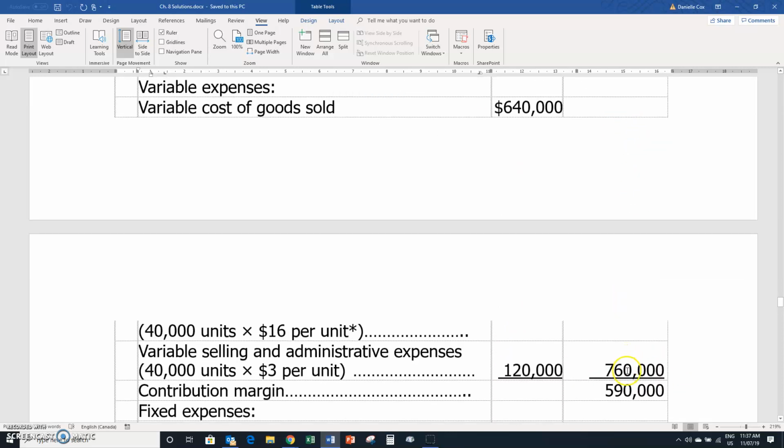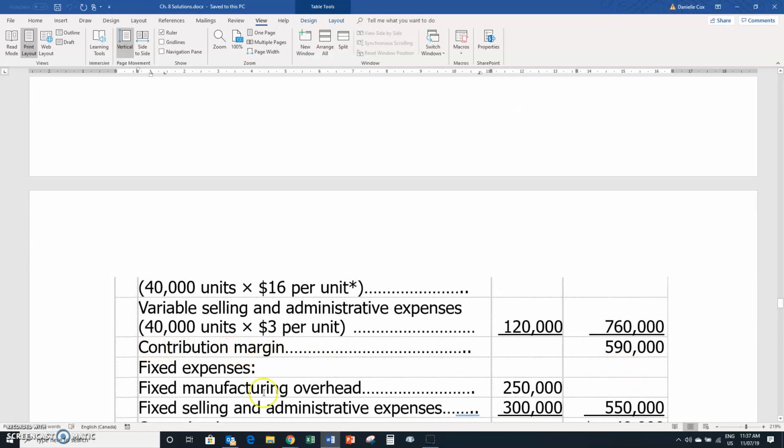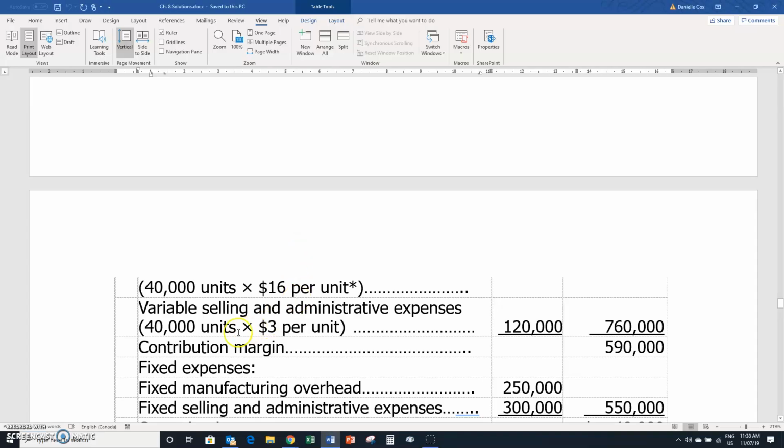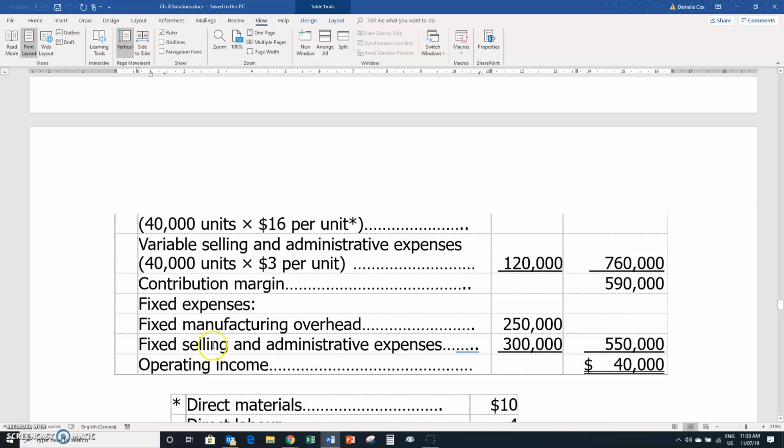Sales less variable expenses is contribution margin. And again, that's a little difference. Under the absorption method, we have cost of goods sold, not variable expenses, and we have gross margin, not contribution margin. So again, on an exam, it's not a lot of marks, but there would be a little bit of a mark with this. So try to get in the habit of doing them with the proper headings.